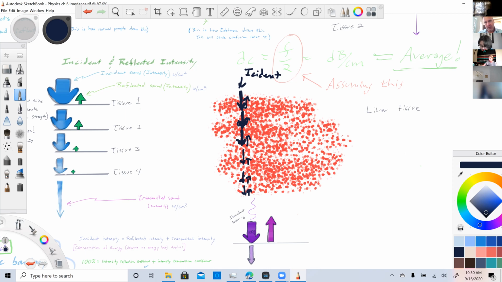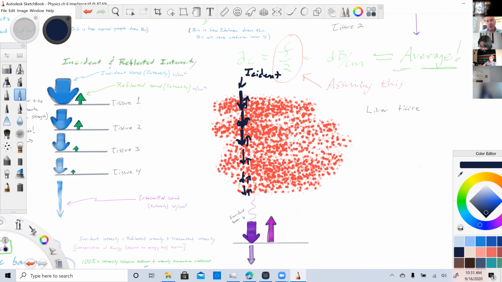The beam gets weaker because of attenuation, reflection, scattering, and absorption. The echoes get weaker because the beam is weaker. And of course, not only are the echoes weaker, but the echoes have to make that travel too. So they're being attenuated on the way back. So the echoes have a double whammy. They get attenuated when they start, and they get attenuated all the way back up.